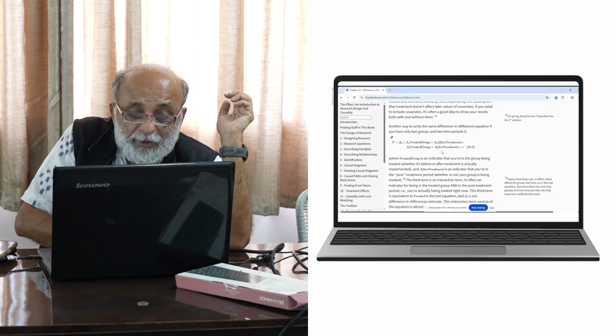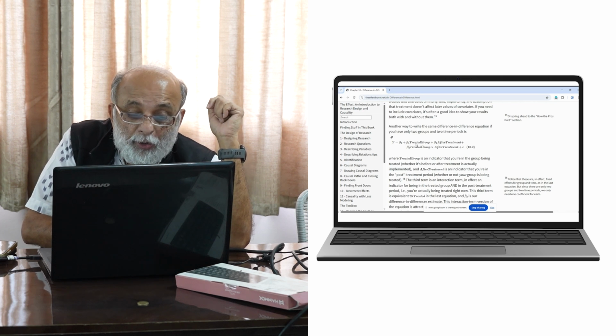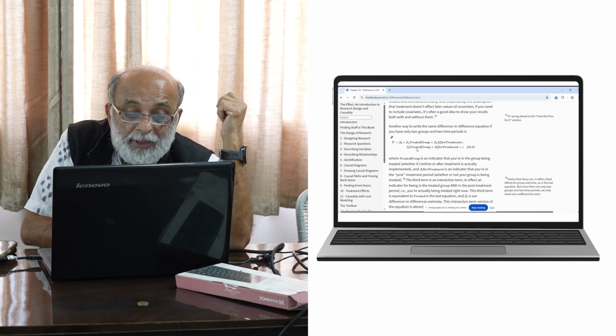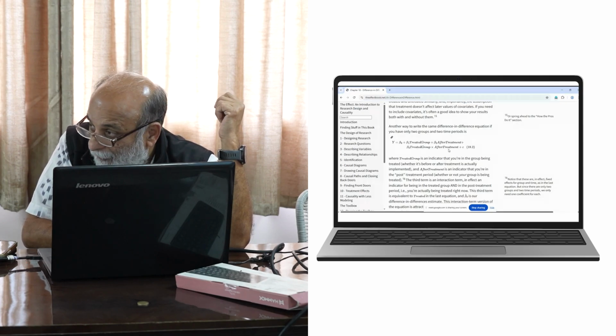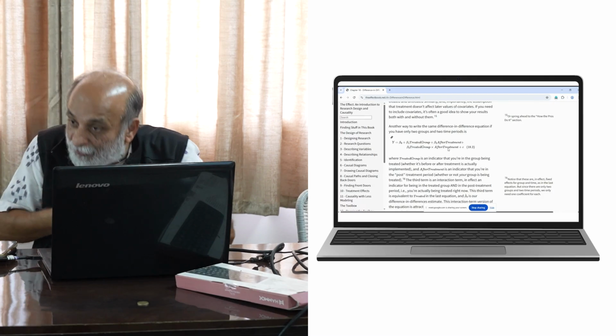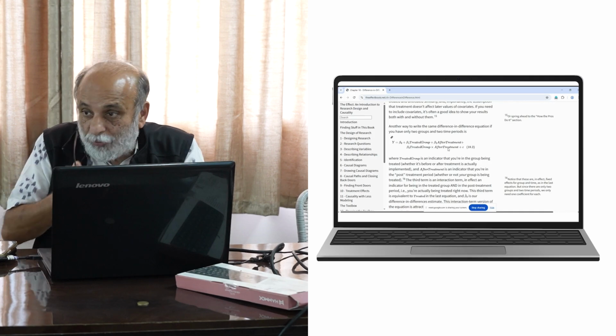Look at the treated group after treatment, right? This is what? Beta 0 plus beta 1 treated group plus beta 2 after treatment plus beta 3 treated group into after treatment, right? So, for Nandurbar before treatment, right? What would this be?